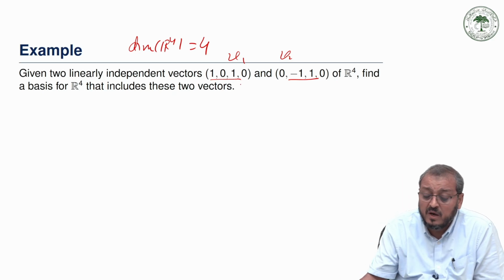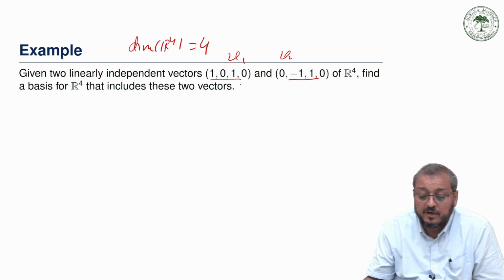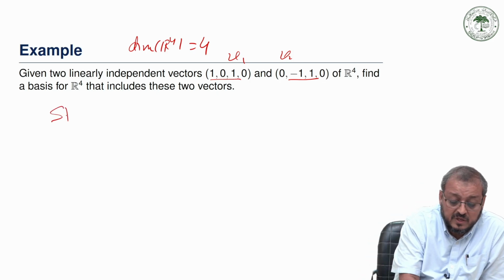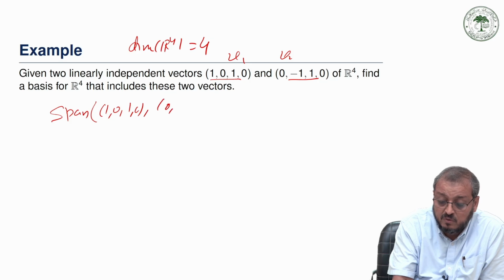Since these two are linearly independent, we can write the span of these two vectors. By the theorem, we use this form: (1, 0, 1, 0) and (0, -1, 1, 0).